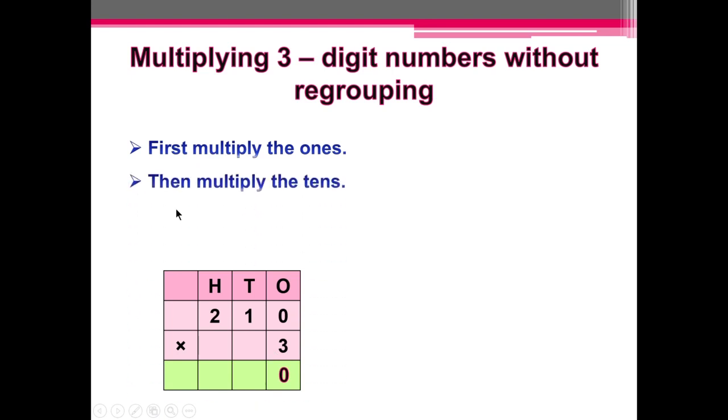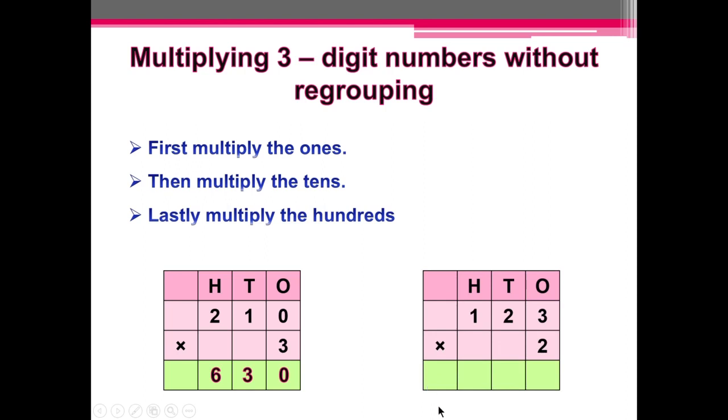Now, then multiply the tens. So, 1 multiplied by 3 is equal to 3. Lastly, multiply the hundreds. So, 2 multiplied by 3 is equal to 6. Very good. 210 multiplied by 3 is equal to 630.